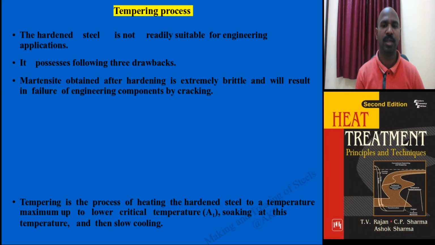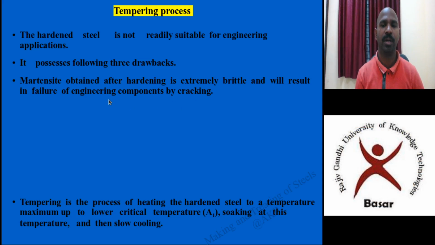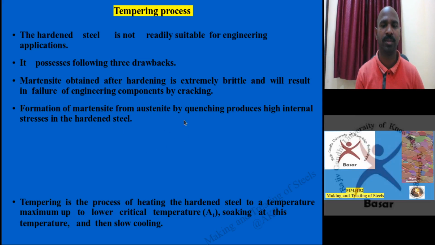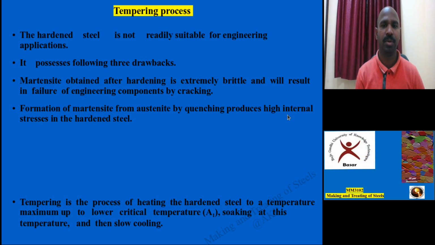First, the martensite obtained is very hard and brittle. Because of this, cracks will form in the engineering component in direct application. Another is that the formation of martensite from austenite also produces high internal stresses.